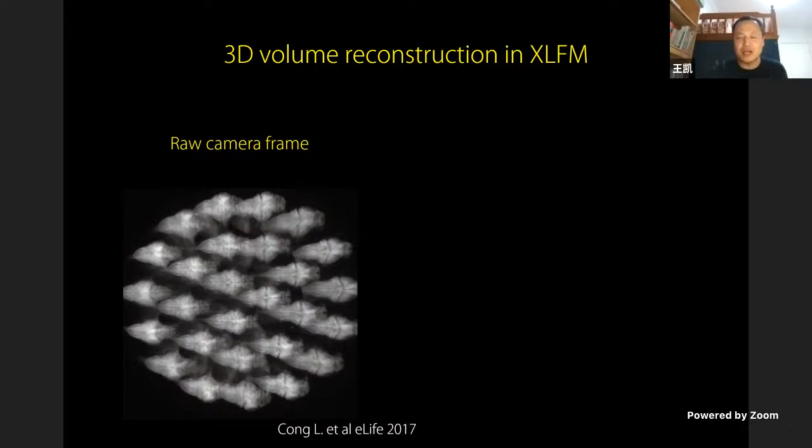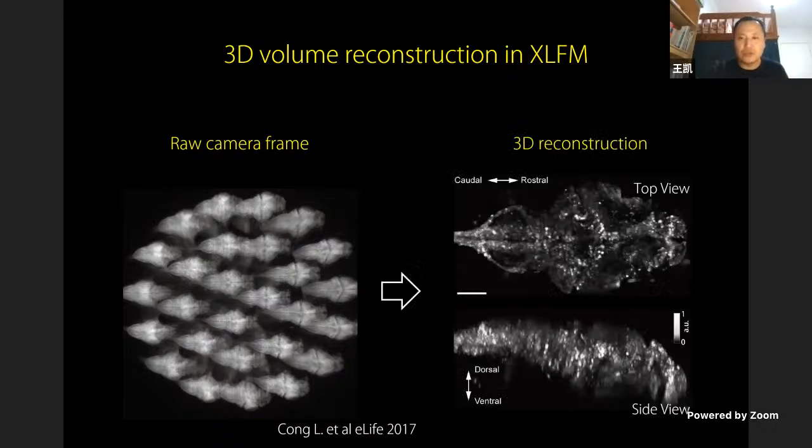Then you can use very similar concepts as in CT, the projection tomography, to digitally reconstruct the three-dimensional volume. So you have an object viewed from different directions, and then you can digitally reconstruct the 3D volume. That's the projection tomography. Okay, but this technology gains speed at the price of reduced resolution.